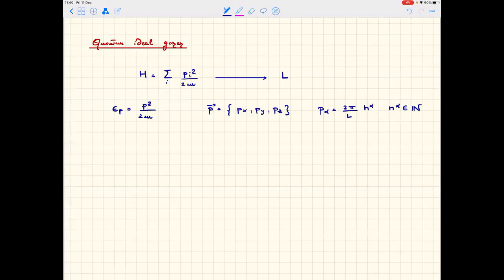So if you put it with hardcore boundary conditions, you have to put boundary conditions on your wave functions to be equal to 0 at the two boundaries, at 0 and at L. Otherwise, you have to put periodic boundary conditions if you take your system defined on a three-dimensional torus. Okay, so all of this is standard stuff that you have done in quantum mechanics.